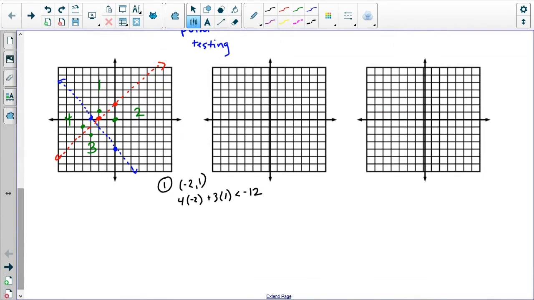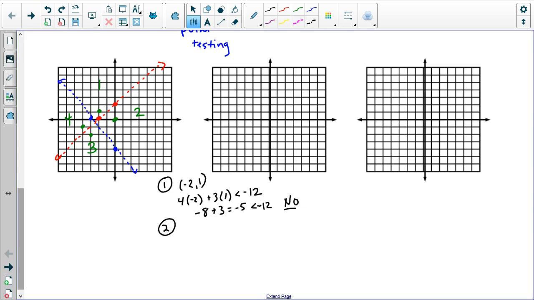So if I check this, I get -8 plus 3, which is -5. That is not less than -12. That is a no. Since that is a no, this point does not work. So that means region 1 will not get shaded.